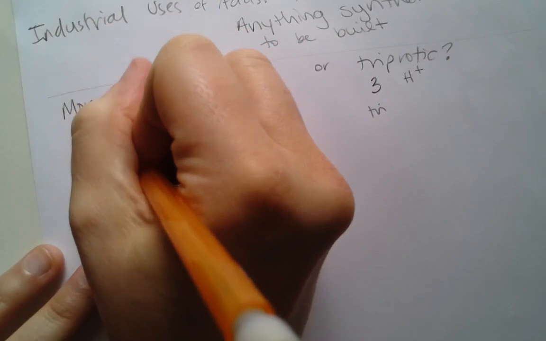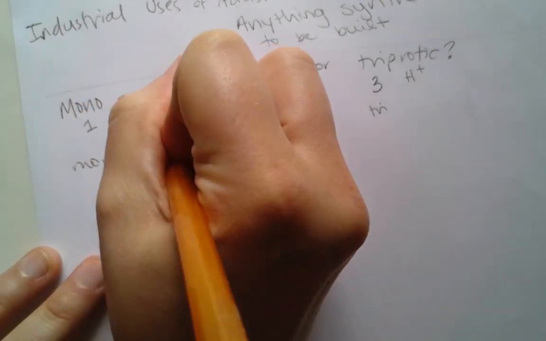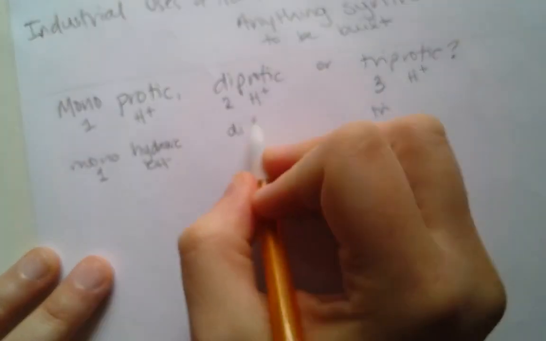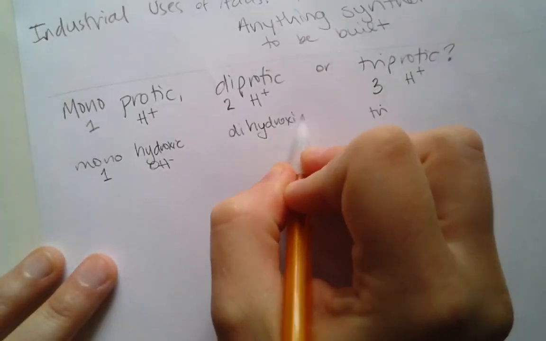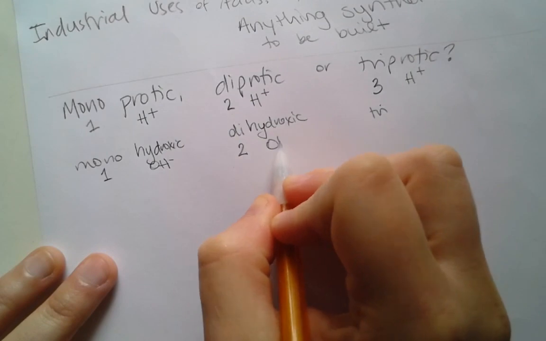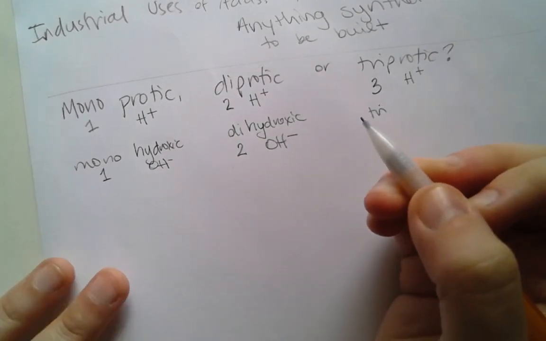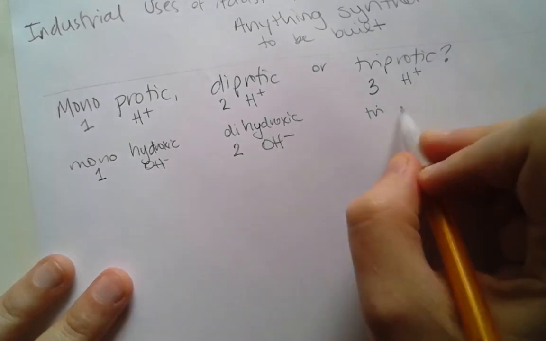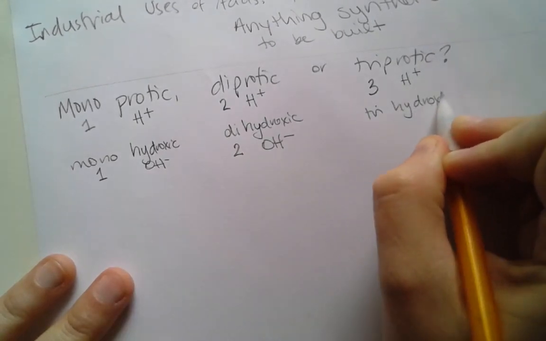Monohydroxic: mono means 1, hydroxic means OH. Dihydroxic: di is 2, hydroxic is still OH. So 1 OH group, 2 OH groups, 3 OH groups.